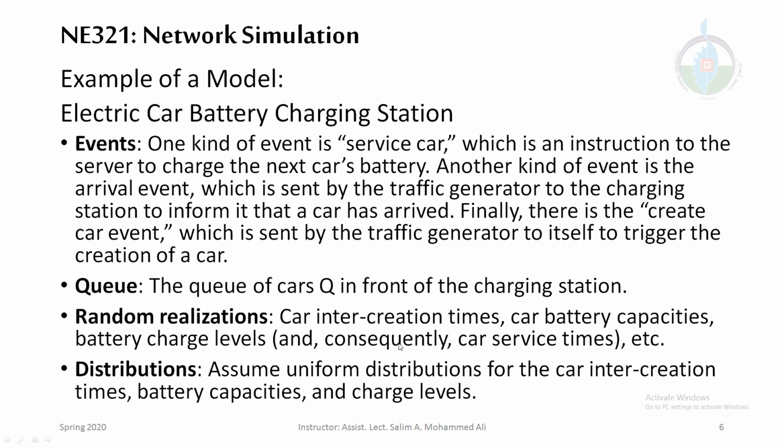So if you have 25% of your battery and you went to the charging station and the charge becomes 75%, you will say, okay, this is enough for me for now, and you leave the station. So you don't have to fully charge. So the amount of battery charge level is also a random realization. So you have the 3 random things here.